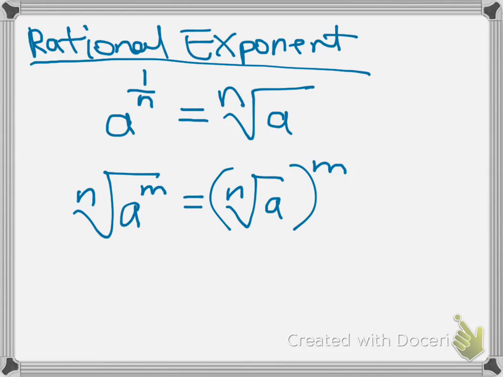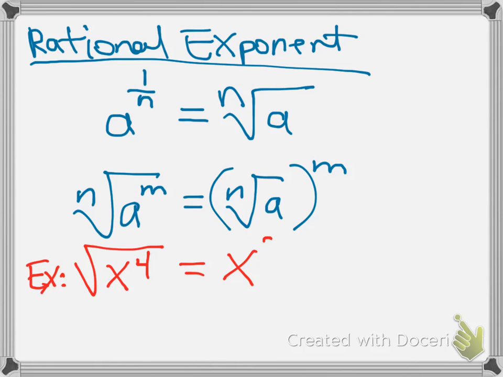Let's just do a general example. Let's say that we want to take the square root of x to the 4th. This is an expression that we've been familiar with simplifying. We know that if the index is 2, then all we need to do is divide that exponent of 4 by 2, and we know that that is equal to x squared.